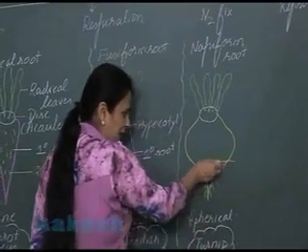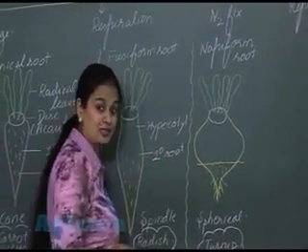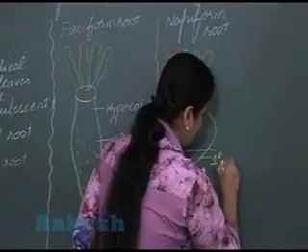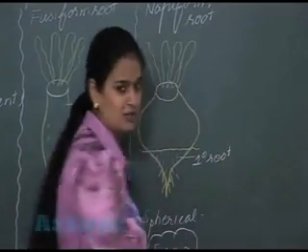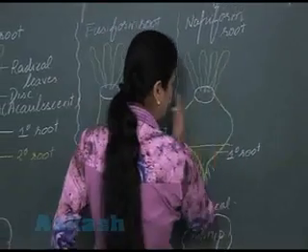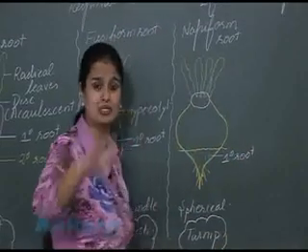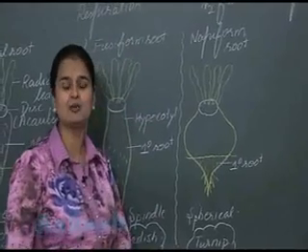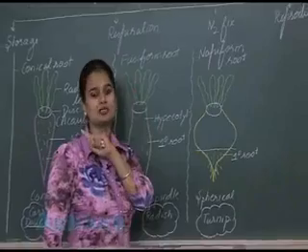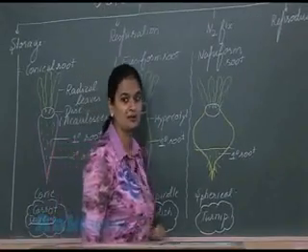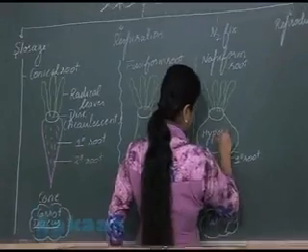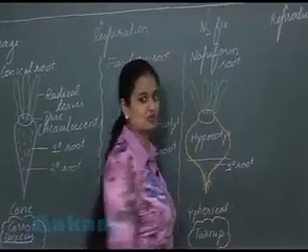So this part where secondary roots are present represents the primary root involved in the storage. But in the upper part you will see the secondary roots are absent. So the part where secondary roots are absent, that storage part is not the tap root, that is not the primary root. Then what is the storage part? That is the hypocotyl. So clear?